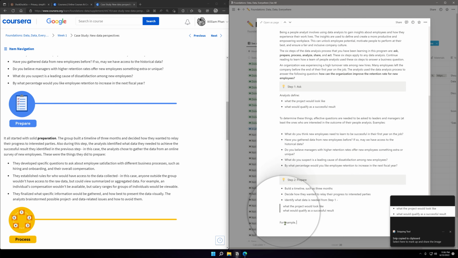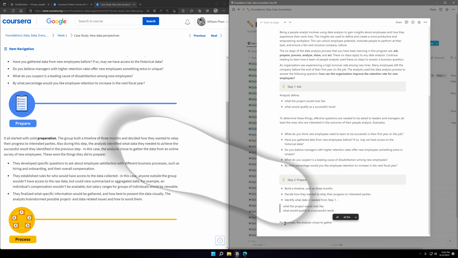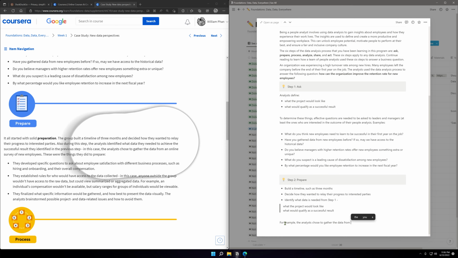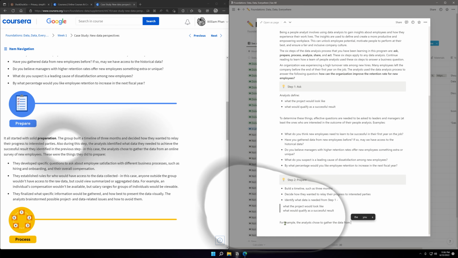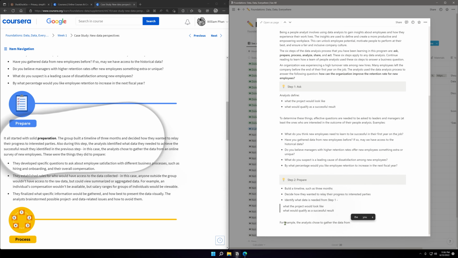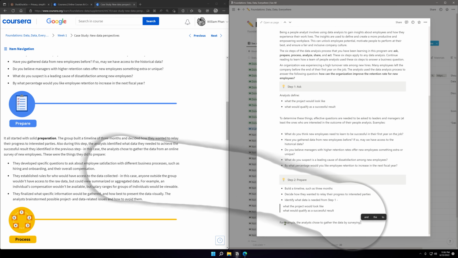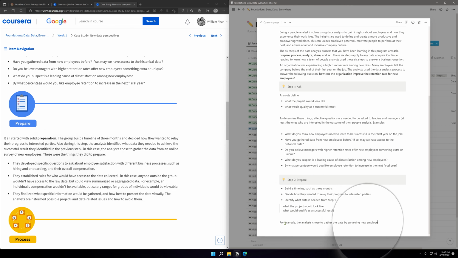For example, the analysts gathered data by surveying new employees.